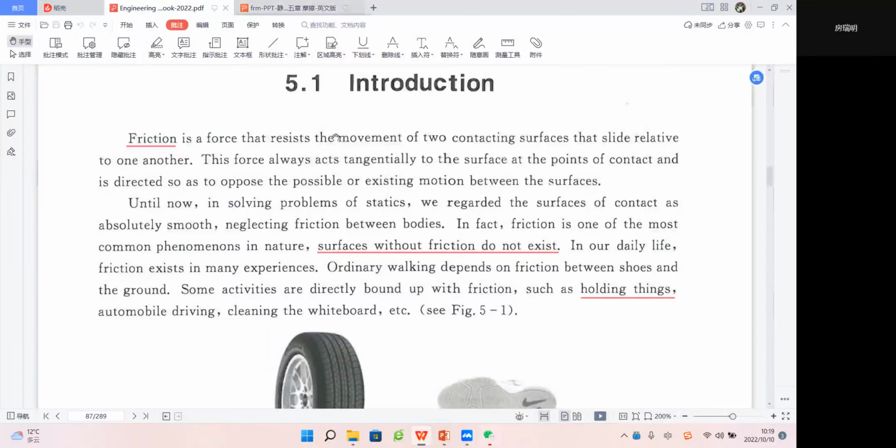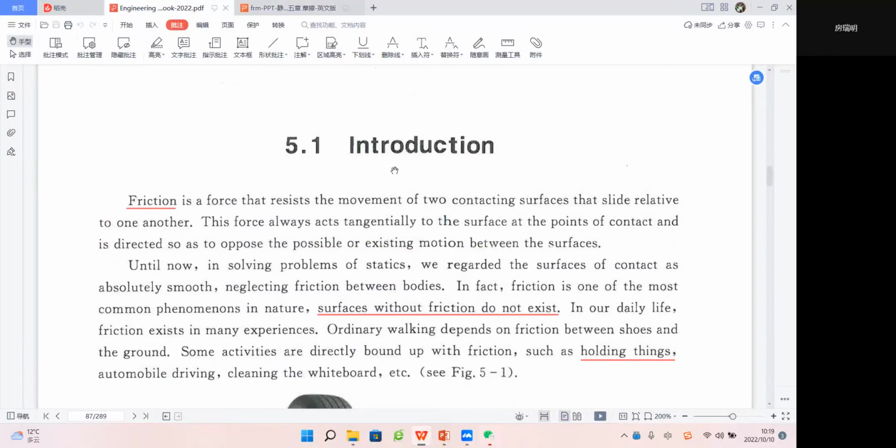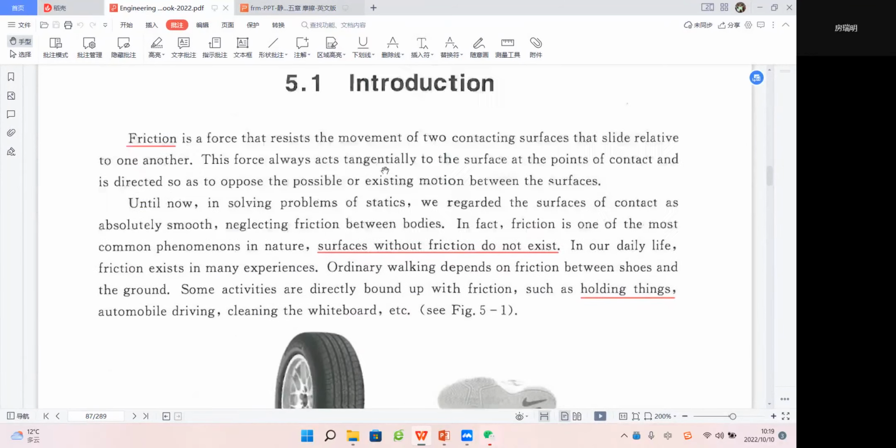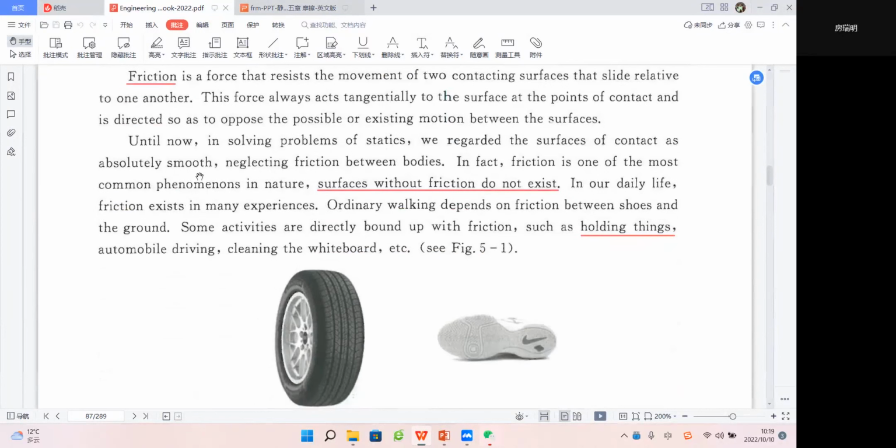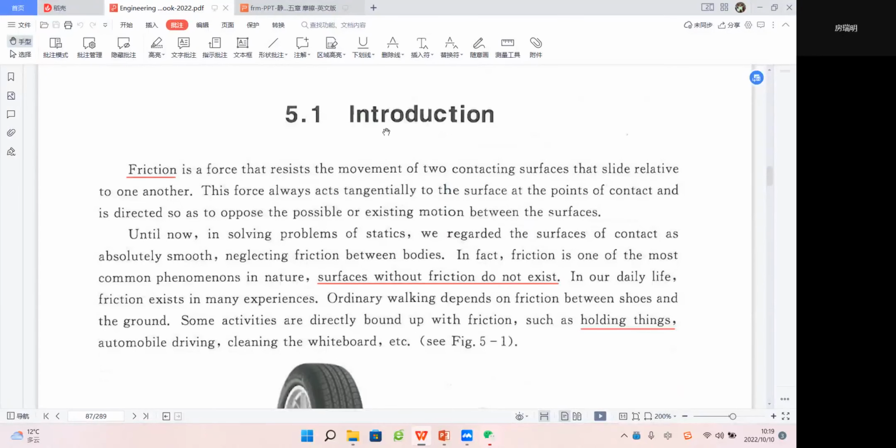We only need to have some basic concept about friction, which is enough. Then we'll move to the second part of this course. Okay, so maybe I will not read all the sentences of the first section, the introduction.